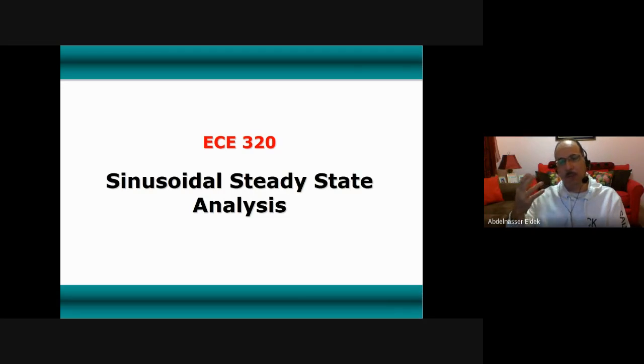So usually what we are doing here is that we convert the circuit to phasor, convert the source to phasor, and then convert the capacitor and the inductor also to phasor, and then solve the circuit using nodal analysis and mesh analysis.